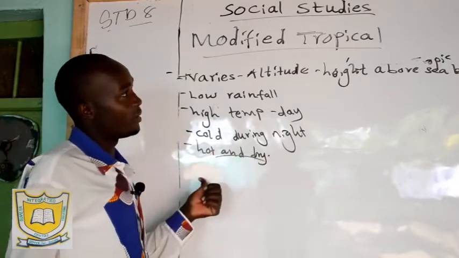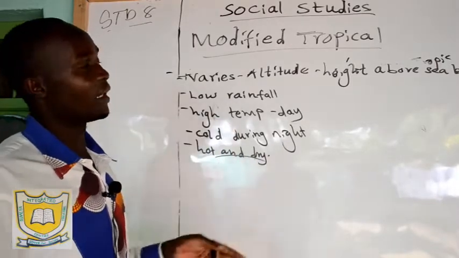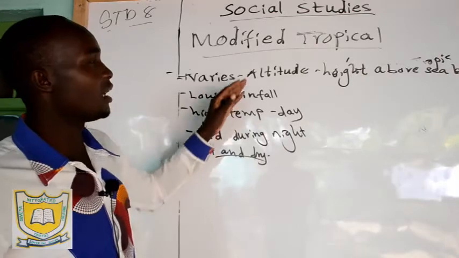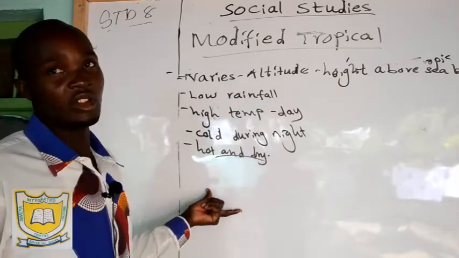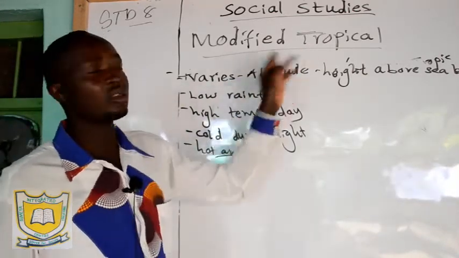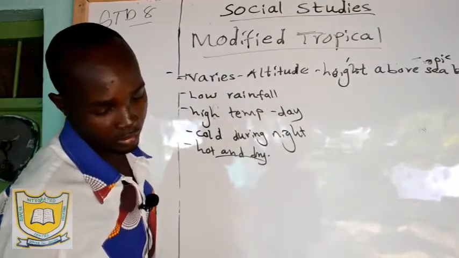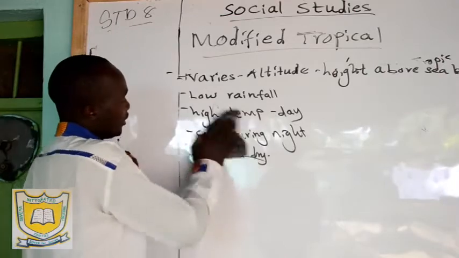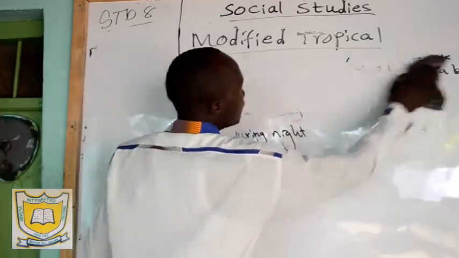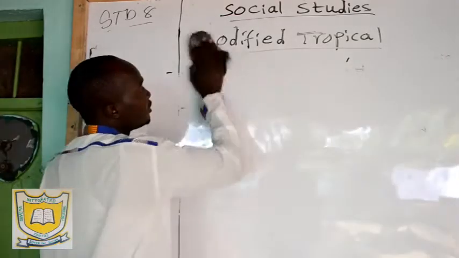Not all of it, but some areas in a given region. I have not said that all of Africa is hot and dry, no. We are just looking at this region, or modified tropical areas, as we are talking about. So that is all about modified tropical.